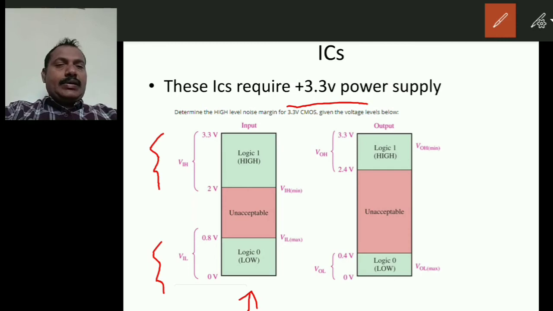So these are logic 0 and logic 1, and this intermediate is unacceptable. And now for output logical voltage levels in the 3.3 CMOS, we have 0 to 0.4 volts is logic 0, and 2.4 to 3.3 volts are logic 1 outputs.